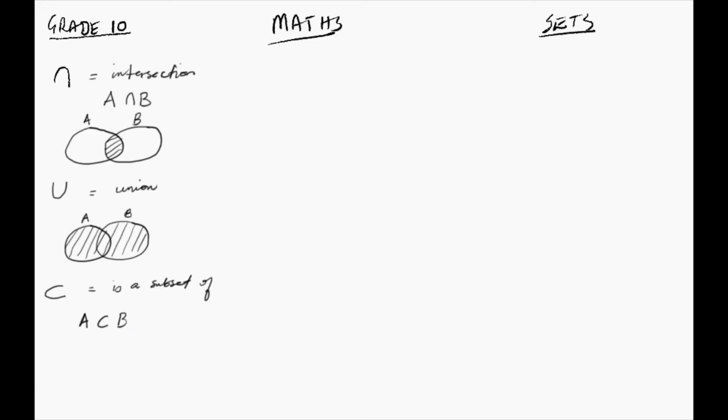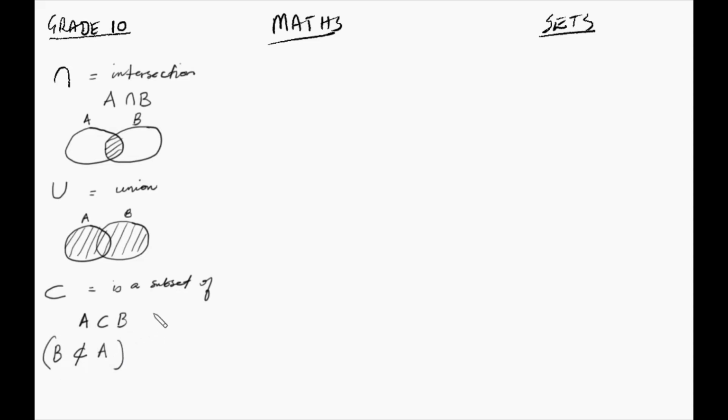So what did we say it means? This A is a subset of B, and we could say B is not a subset of A. A is a subset of B. B is not a subset of A. So remember, you can put this in brackets.